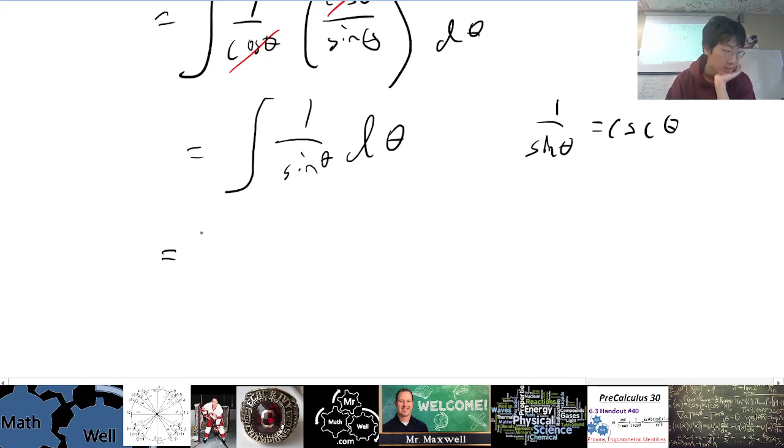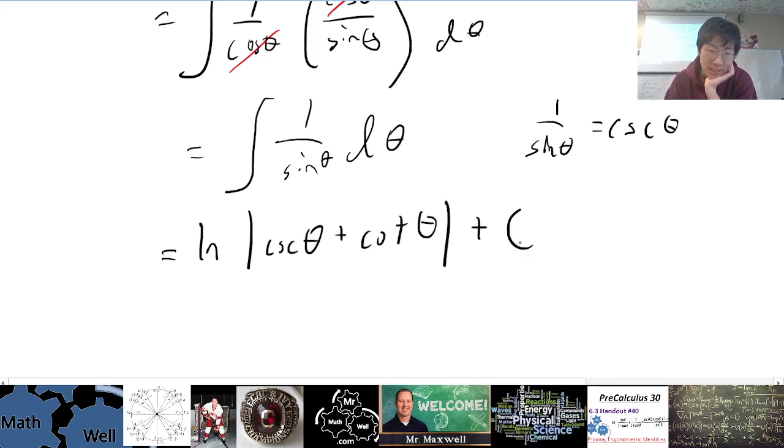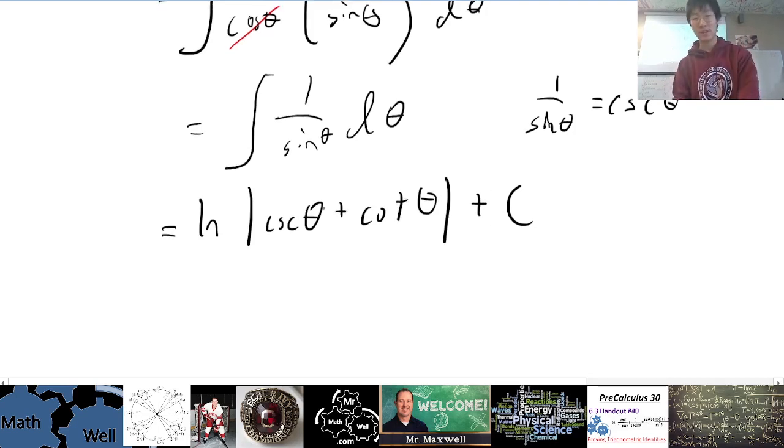I think it's ln. Yes, it is. It is ln of the absolute value of cosecant theta plus cotan theta plus c.